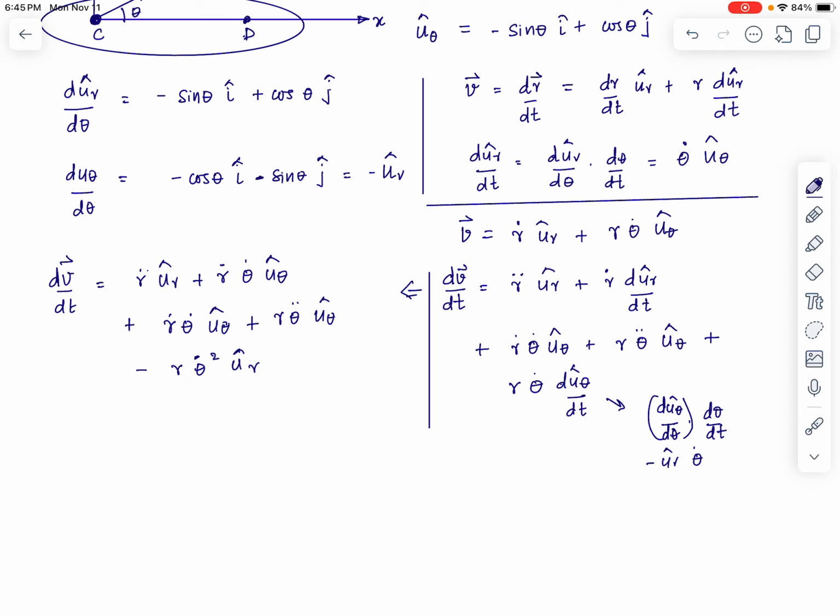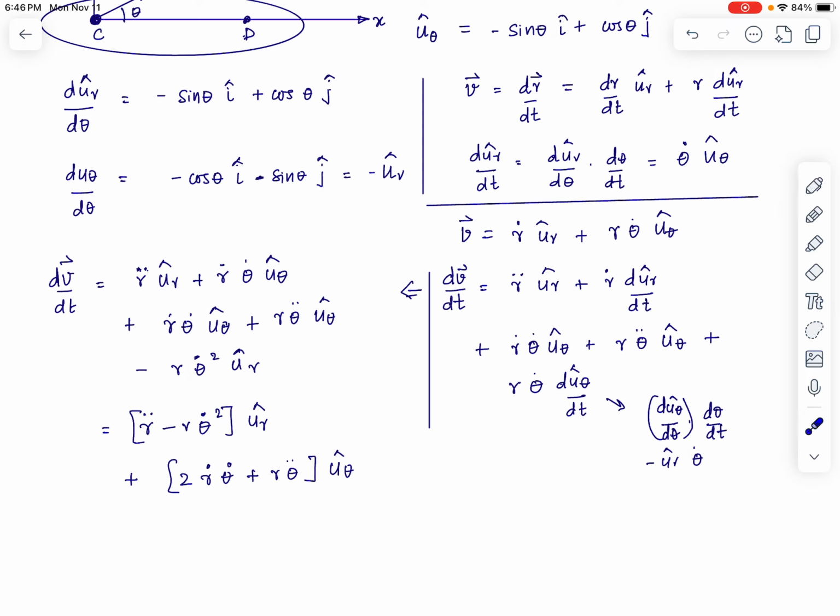We get r double dot minus r theta dot squared, times u hat of r, plus 2 r dot theta dot plus r theta double dot, times u theta.